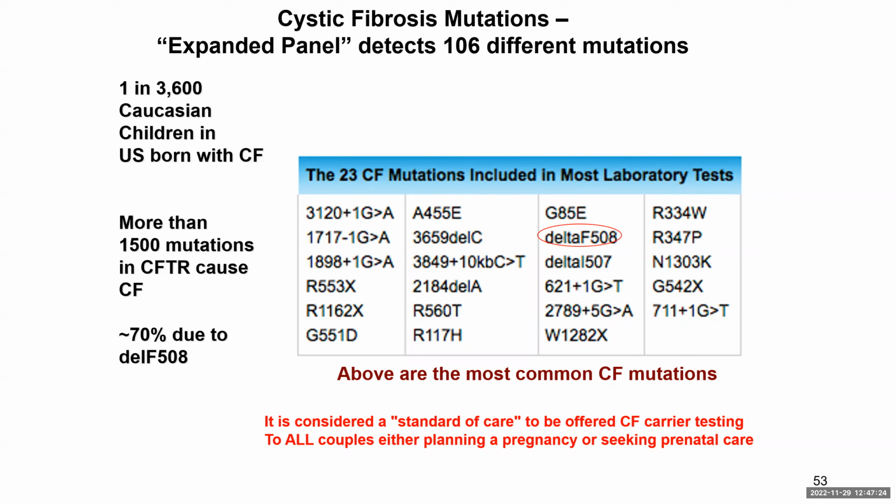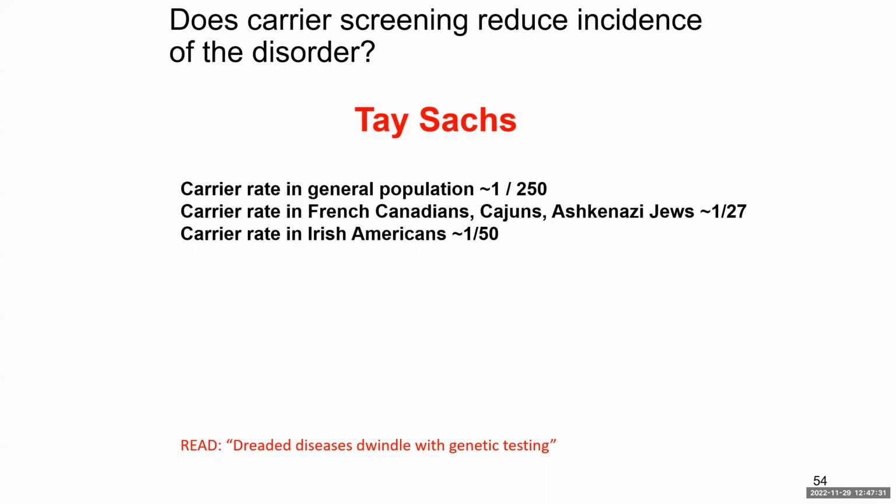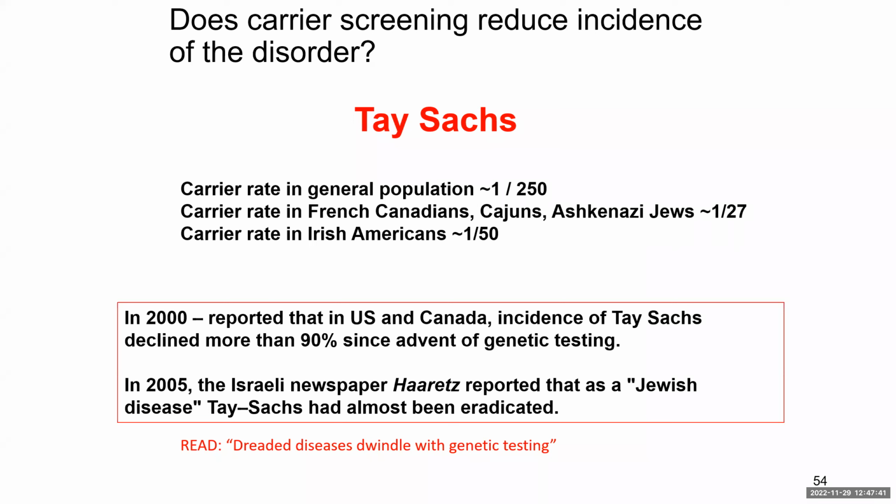Is it okay to decide that that child isn't the one you want to carry? Sometimes it makes sense, like for Tay-Sachs, which is lethal after 2 years. In this case, we can show that doing this type of screening does allow us to reduce the incidence of these deaths. It's 90% since 2000. But we also can use this to reduce other people. Should we?